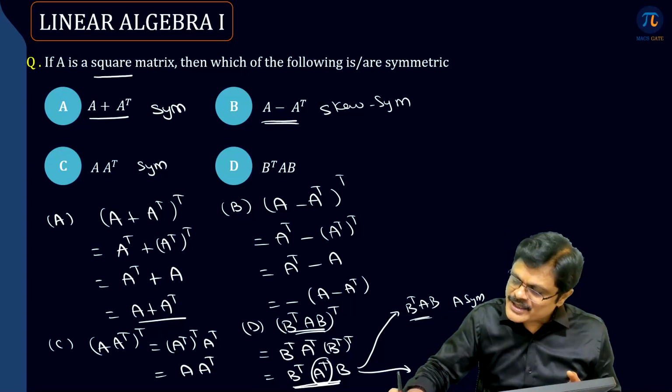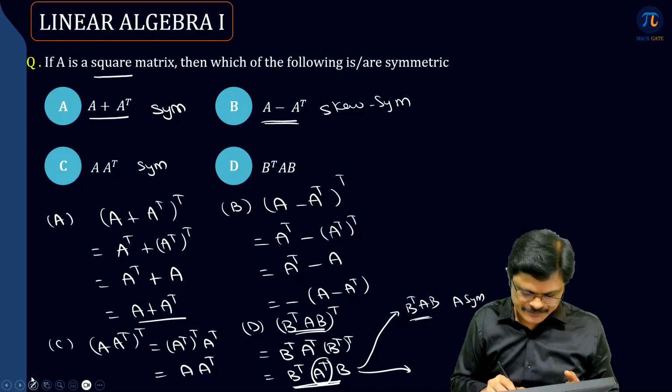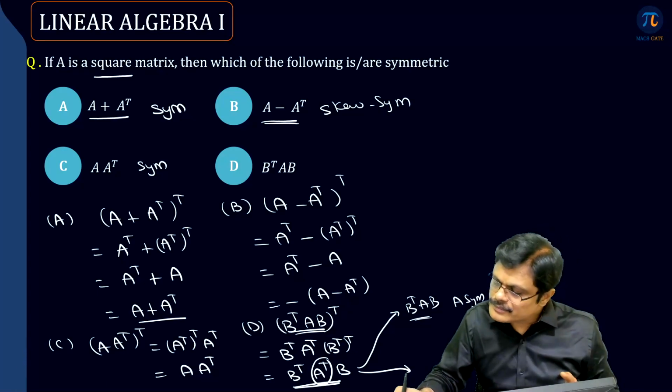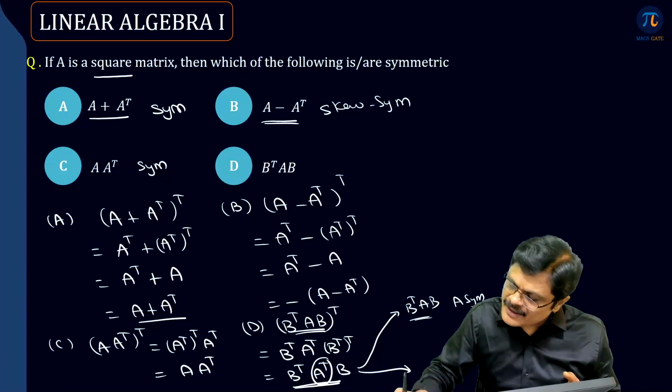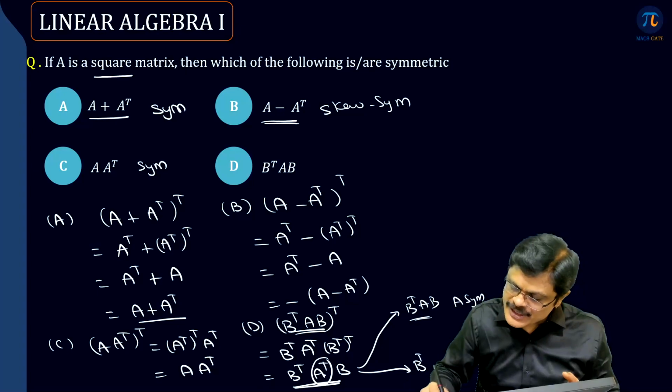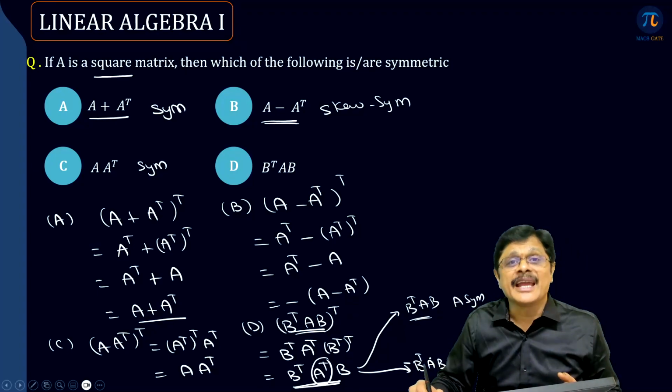Suppose A is skew symmetric. Then what happens? This becomes B transpose, A transpose becomes minus A, B. So it becomes B transpose AB with a minus sign.